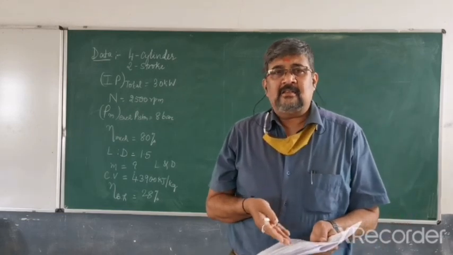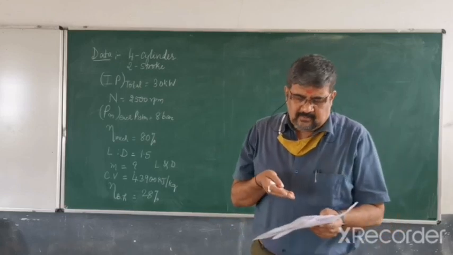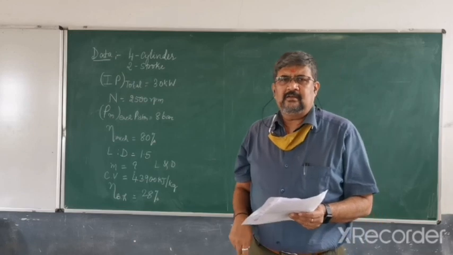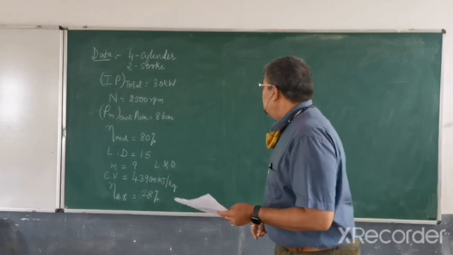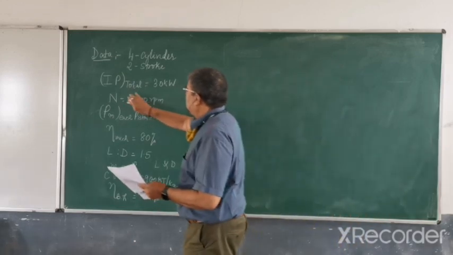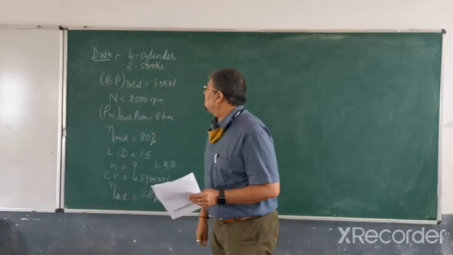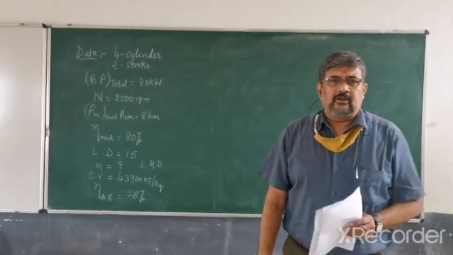And as I said, since this is a VTU question, it is quite important that we get the values correctly. So I'll assume this to be the brake power itself. Okay, so the total brake power is 30 kilowatt.